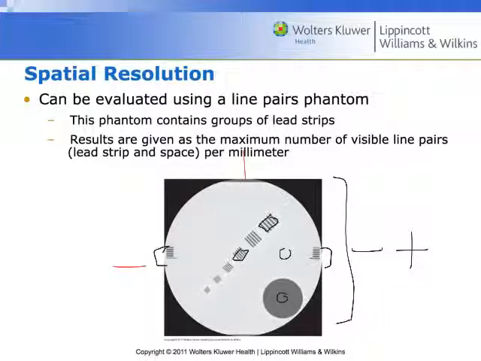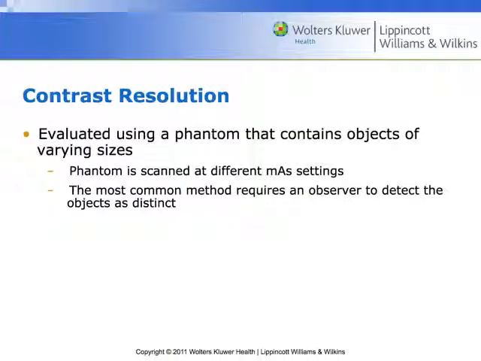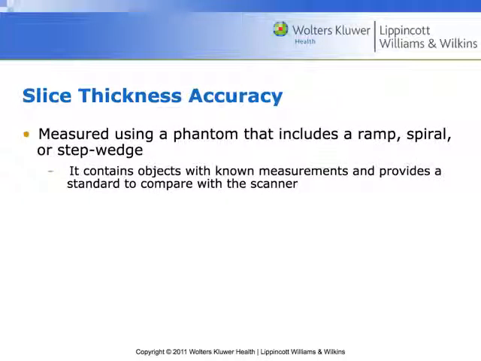You would not want your lasers to be out of alignment with isocenter or with the phantom. For contrast resolution, we're going to use the phantom to look at objects of varying density, and we're going to see if we can actually make those distinctions with our eye as well as with an ROI.